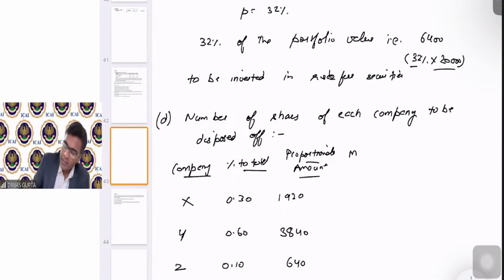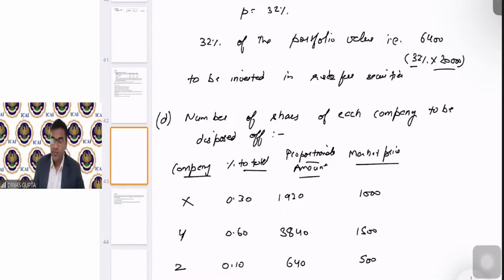So the market price per share will be 1,000, 1,500, and 500. That is what is given in the question, right? So this part is given in the question. This is what we have said, that overall this much has to be reduced.